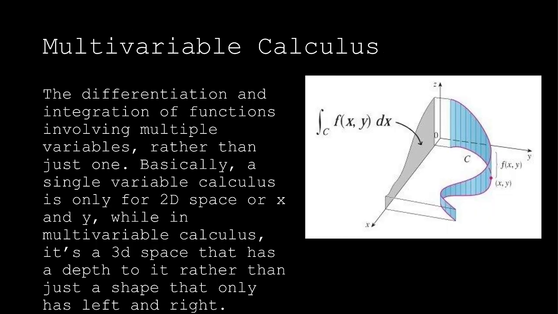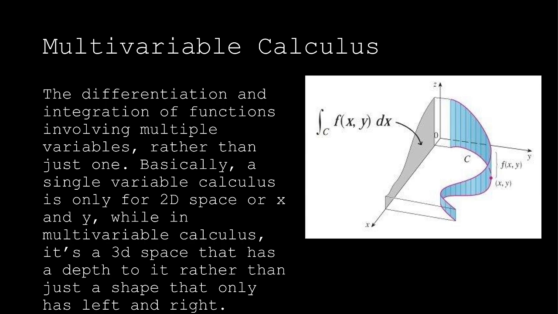So here we can also use multivariable calculus. Multivariable calculus is the differentiation and integration of functions involving multiple variables rather than just one. Basically, single variable calculus is only a 2D space, x and y, so you can only see the front of it.